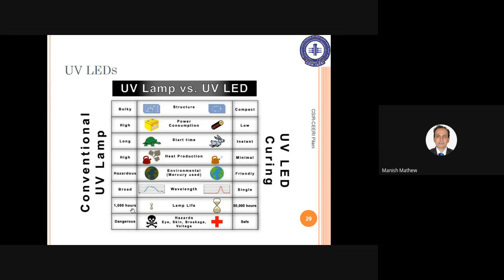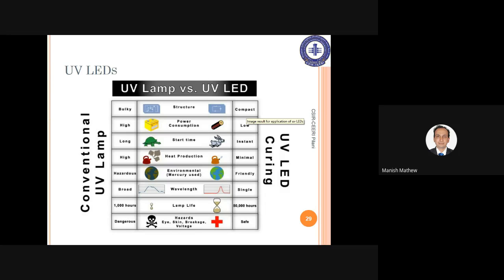You can only use it for 1,000 hours and then you have to replace it. And it's very dangerous. So how can we change from UV lamp to UV LED? We can change from this bulky setup towards a compact setup. And the only way to make this UV source compact is with the help of UV LEDs.